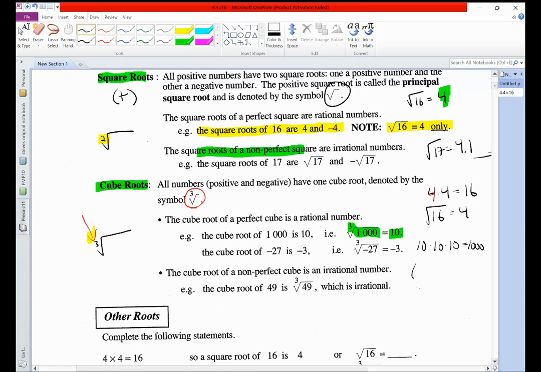So negative 3 times negative 3 times negative 3 is negative 27. And the cube root of a non-perfect cube is an irrational number. It'll give you a non-repeating, non-terminating decimal.